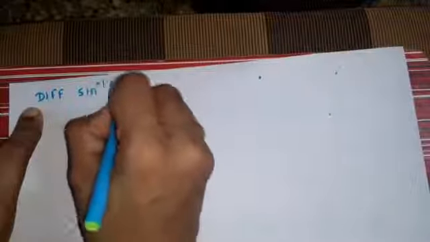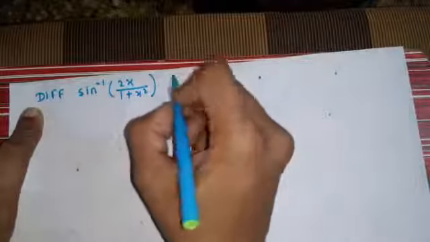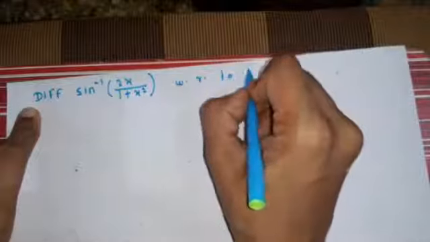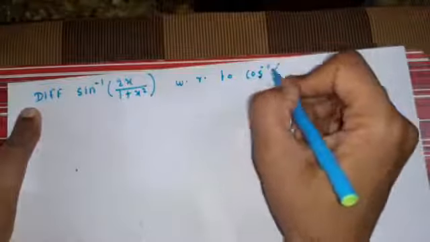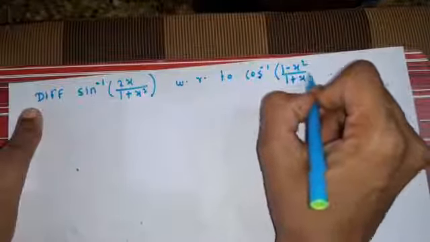Differentiate sine inverse of 2x upon 1 plus x square with respect to cos inverse of 1 minus x square upon 1 plus x square.